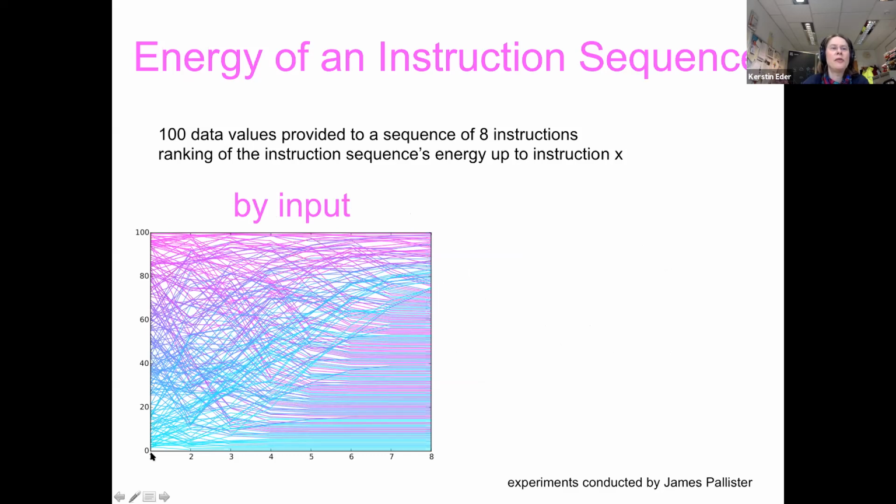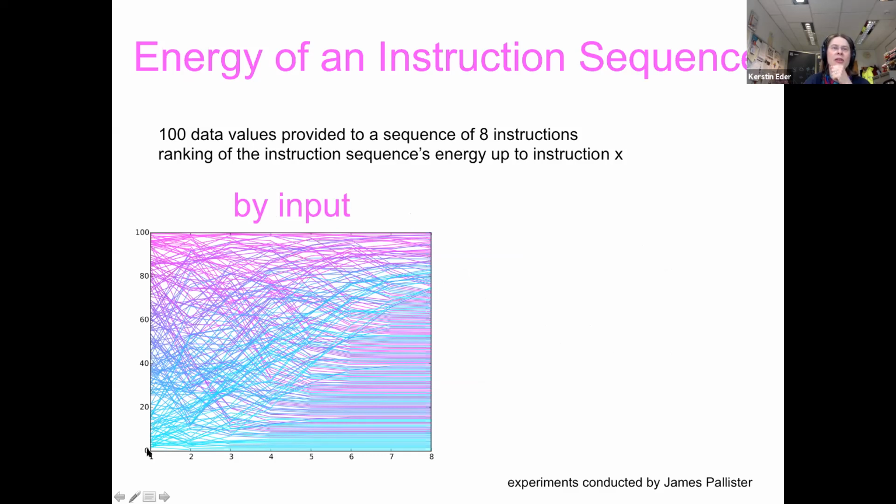After the first instruction, I order my data from 0 to 100, with 100 meaning it's the highest in energy consumed after one instruction is executed with the given data, to the lowest at 0. That's the data that caused the lowest energy consumption.